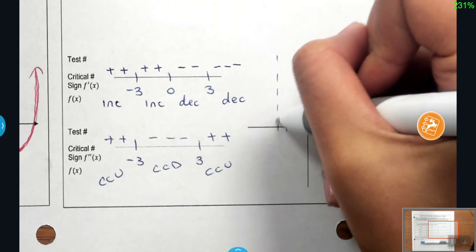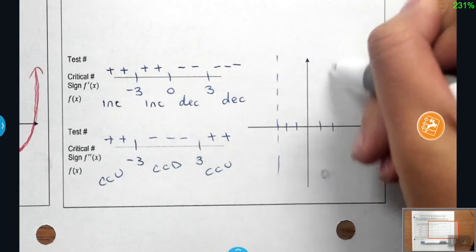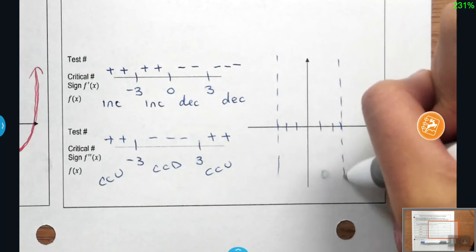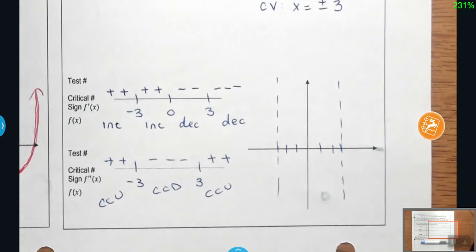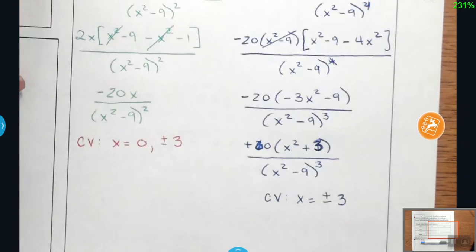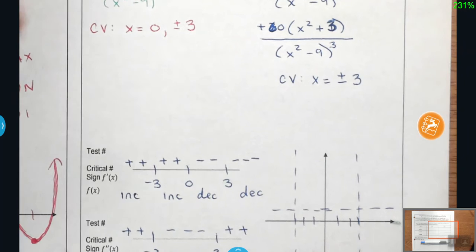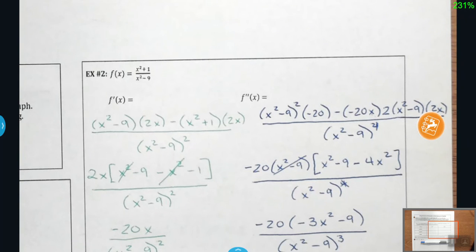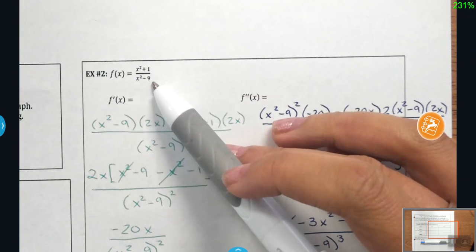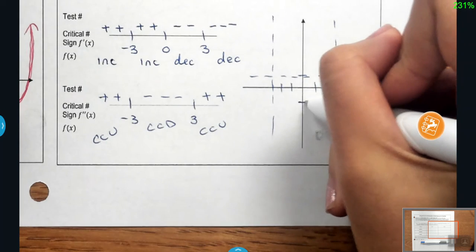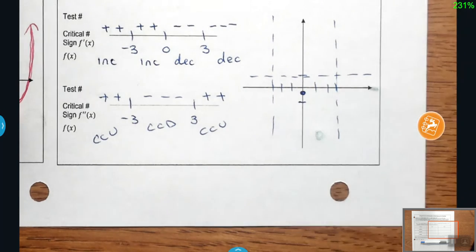So asymptote here, asymptote here. Any other asymptotes? Horizontal, at 1. So we have no x-intercepts. Y-intercept? Negative 1/9. That's a weirdo point right there.